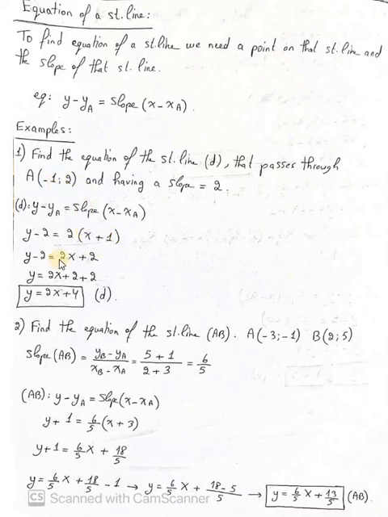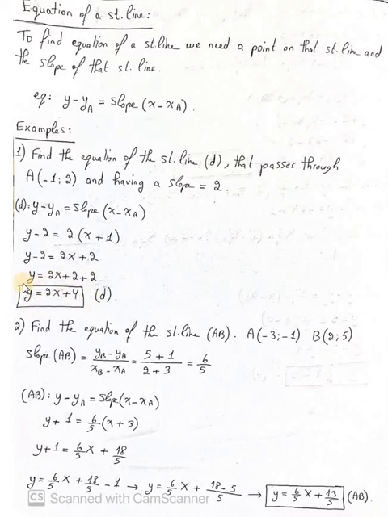Now expand this side. So y minus 2 equals 2 times x, 2x, 2 times plus 1, which is plus 2. Now bring this minus 2 to this side so that the equation will give y equals everything other than y on this side. So y equals 2x plus 2 plus 2, which will give y equals 2x plus 4.